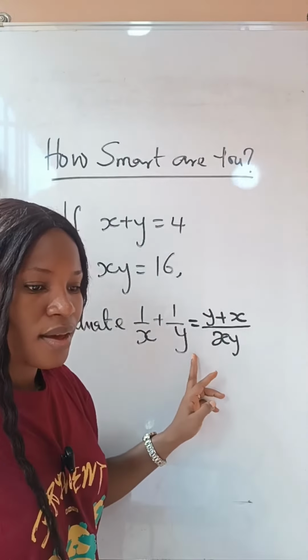Option A is 5. Option B is 25. Option C is 125. And option D is 5.